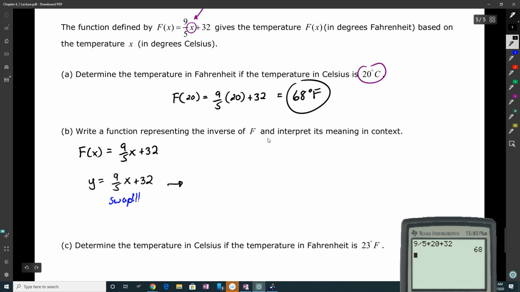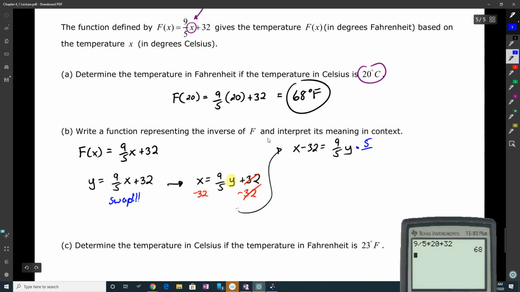And when I swap, that gives me x equals 9/5 y plus 32. And now I'm going to solve for y. So this is really easy to solve for y. Notice that I just subtract 32. And so I have x minus 32 equals 9/5 y. And then the last part is just multiply by 5/9.